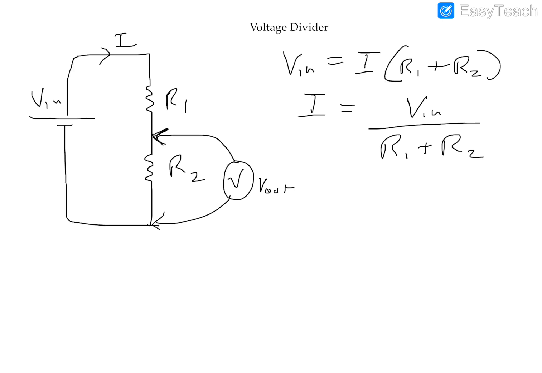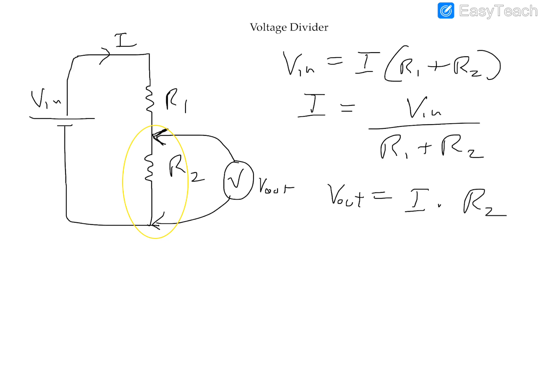Now if I apply Ohm's law to this part of the circuit, I get the measured voltage, Vout, is equal to the current, which is the same current, times R2.